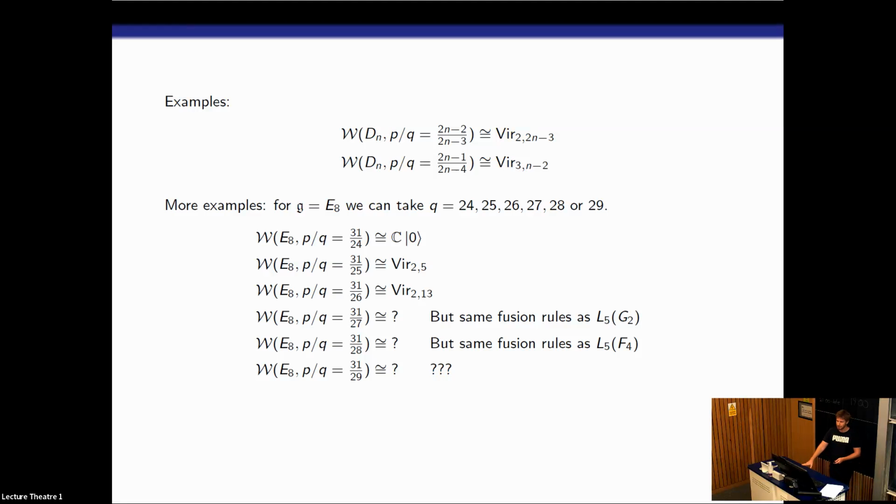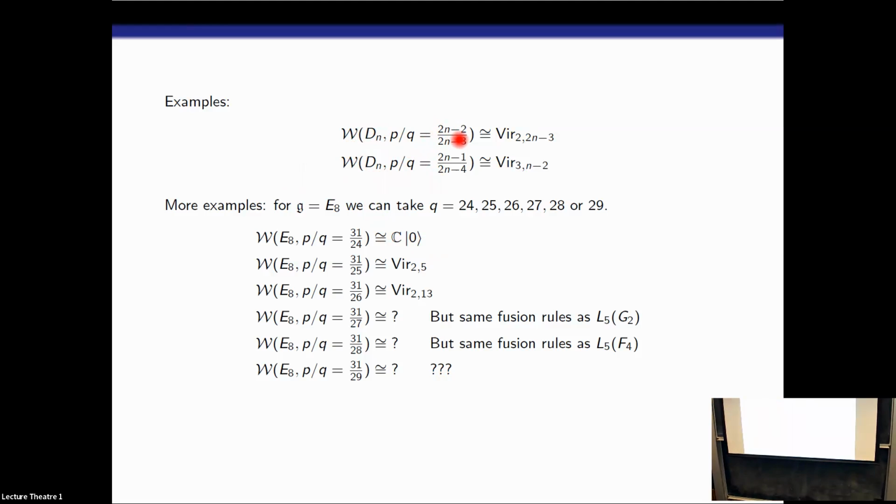Let me just remark that there are some interesting isomorphisms between these subregular W algebras. I omitted it from the notation here. So when I write W here, I mean subregular W algebra of type D_n, where the denominator Q could be either 2n minus 3 or 2n minus 4.